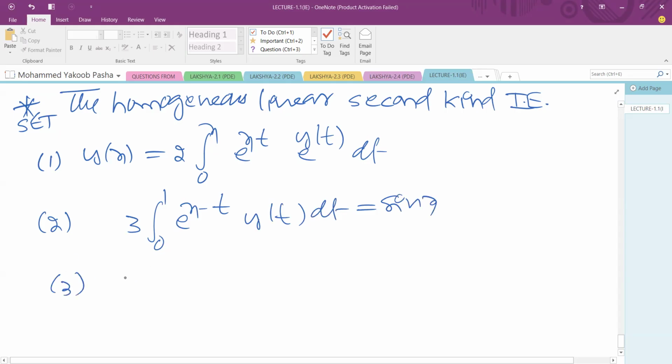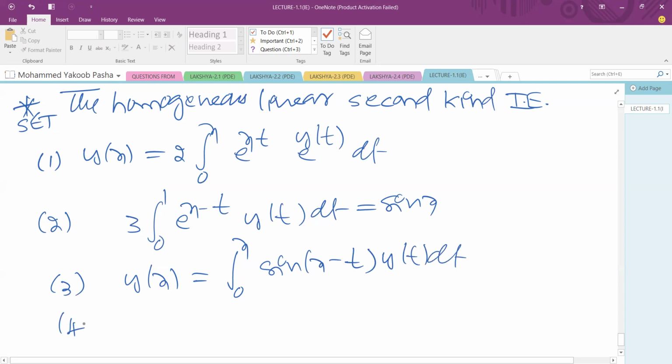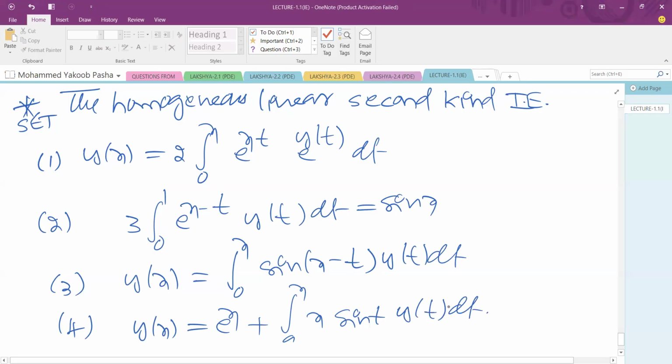Third option: y of x is equal to integral 0 to x of sin x minus t y of t dt. And fourth option: y of x is equal to e to the power of x plus integral a to x of x into sin t, here k of x comma t is x into sin t, y of t dt. These are the four options we have.